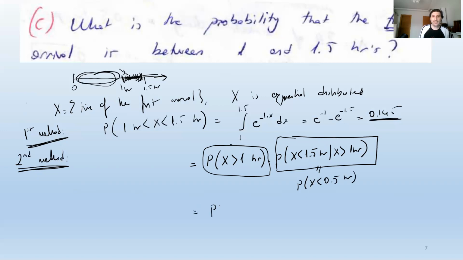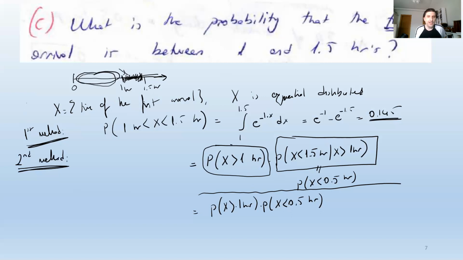So the result is going to be the probability of X greater than 1 hour multiplied by the probability of X smaller than 0.5 hour. Note that this may sound strange at first sight. How can something be more than 1 hour and at the same time smaller than 0.5 hours? Think about it as two different segments, then it's going to work.